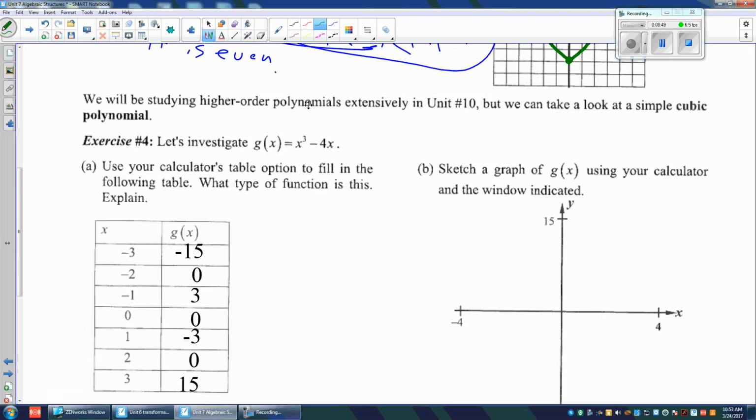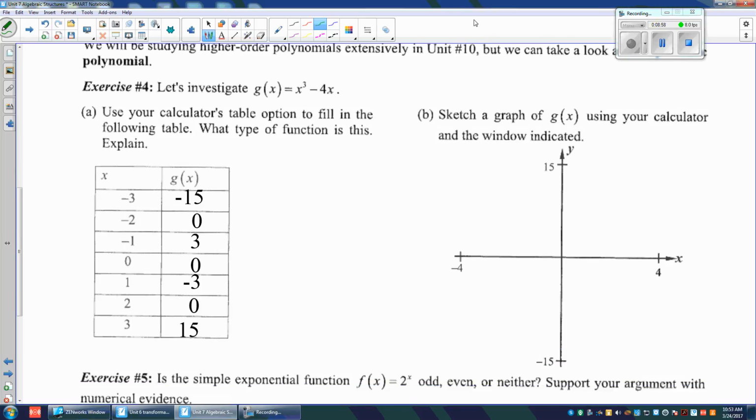Okay, so higher order polynomials, polynomial degree 3, right here, a cubic. What I did was I already filled in the table. So you go ahead and hit pause and fill in the table. Now, what's an odd function? Well, an odd function, we have opposite inputs gives opposite outputs.